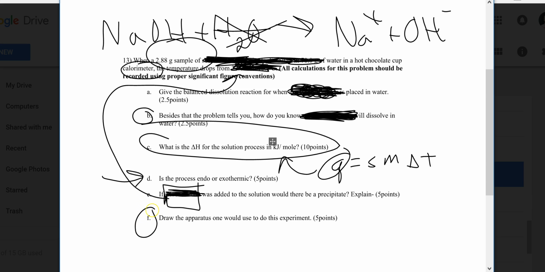And then letter F, your calorimeter out of your hot chocolate cups, and that should be an easy problem. So hopefully this one isn't a problem. If you have issues with part C, check with your lab partner and see if they can help you out. Do some homework on those or look in your notes.